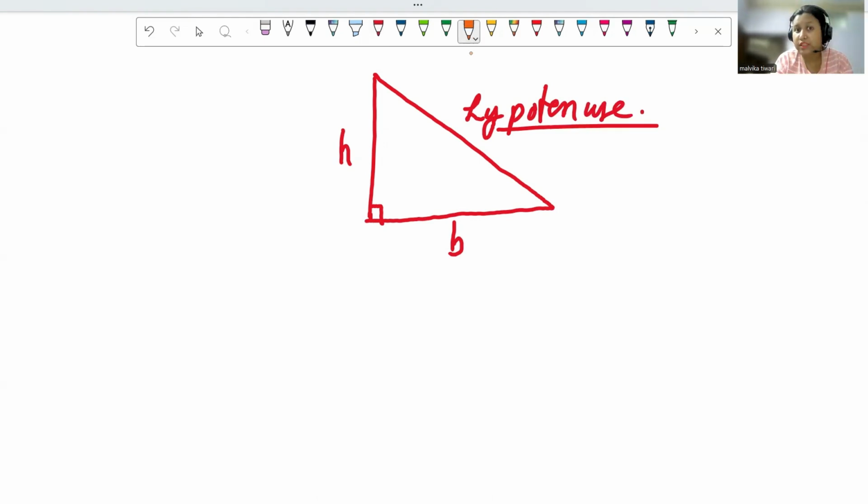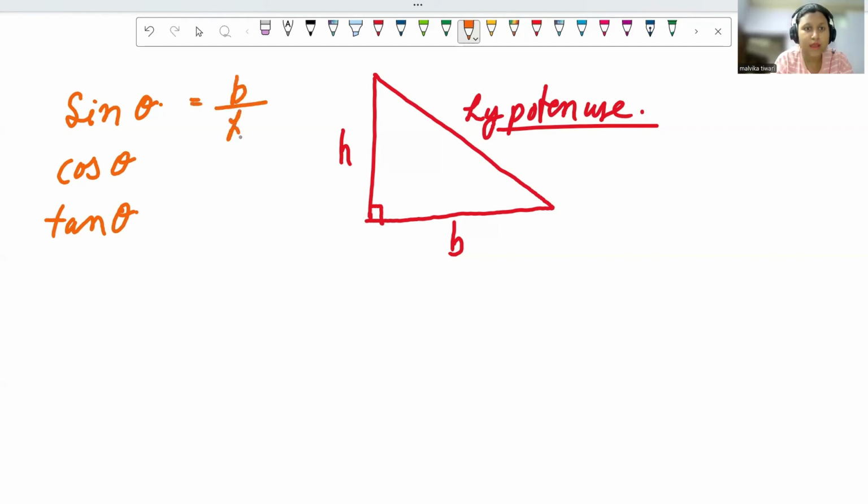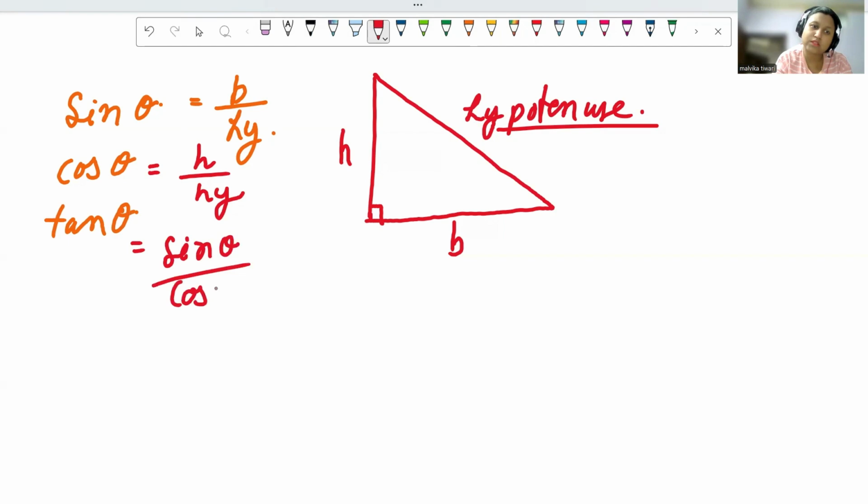Now, along with these three things in trigonometry, we have sine theta, cos theta, and tan theta. So these are the three basic trigonometric ratios, where sine theta is base by hypotenuse, cos theta is height by hypotenuse, and tan theta is sine theta by cos theta.